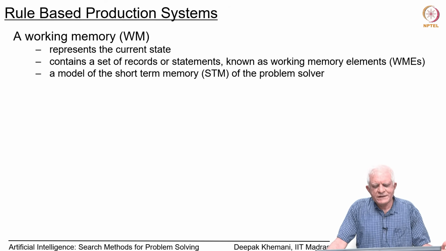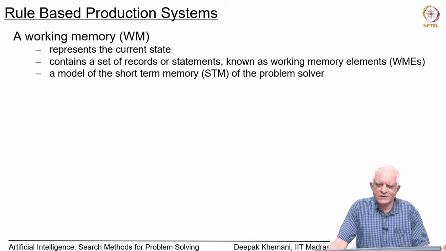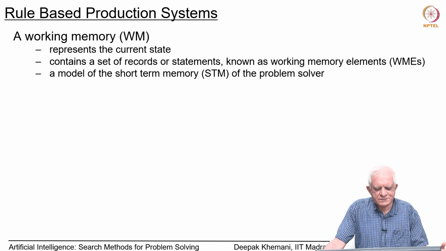We will see that these ideas came out of the work of Newell and Simon, who did work on human problem solving. They were the pioneers in AI, and they were trying to look at how humans solve problems and trying to replicate those kind of strategies. So, the short term memory is the working memory, or the working memory is the short term memory. It contains data which is only relevant to the particular problem that you are trying to solve, essentially.